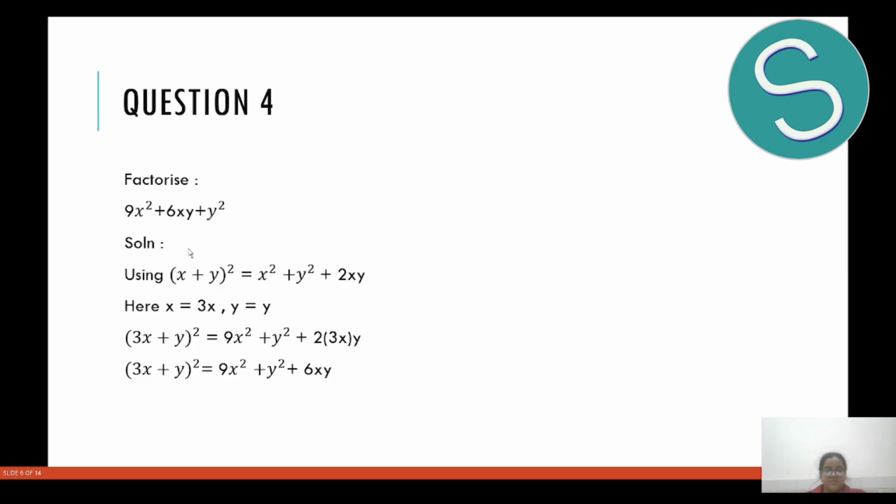So we know that this polynomial can be factorized by using the identity (x plus y) whole square equals x square plus y square plus 2xy. So here our x is 3x and y is y. When we apply the formula, this will give me (3x) square, that is 9x square, y square, then 2 into 3x into y will give me 6xy. So after factorization, 9x square plus y square plus 6xy can be written as (3x plus y) whole square.